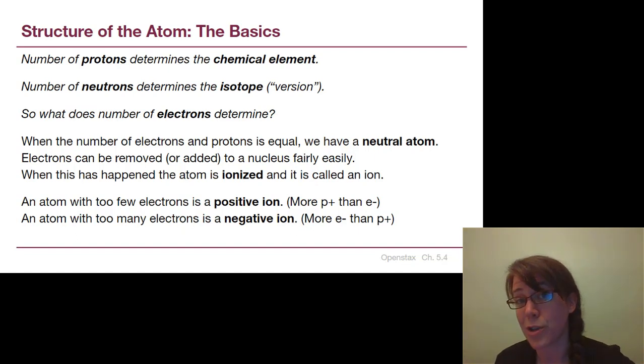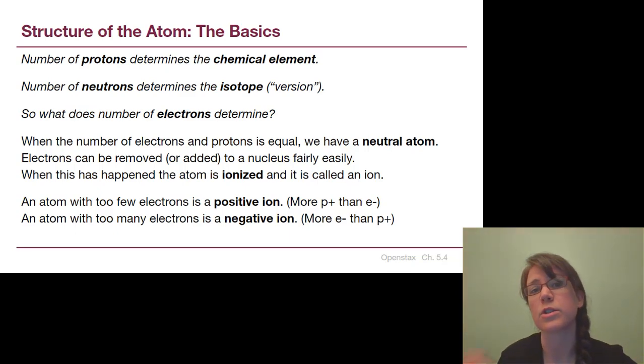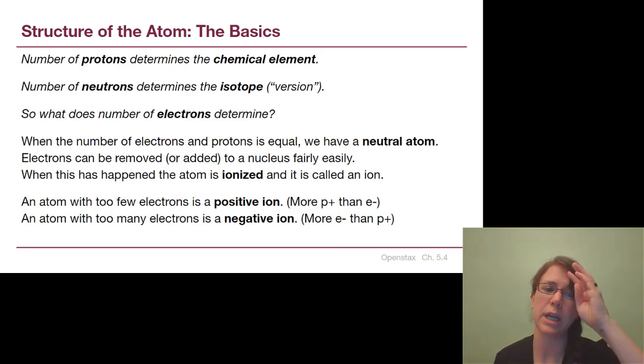So we've talked about protons and neutrons. What about those electrons? Now, the common chemistry idea about electrons is that they determine the charge of the atom, and that is really important in chemistry. If the number of electrons and protons are equal to each other, we have a neutral atom. But electrons can actually be fairly easily added or removed from an atom around a nucleus.